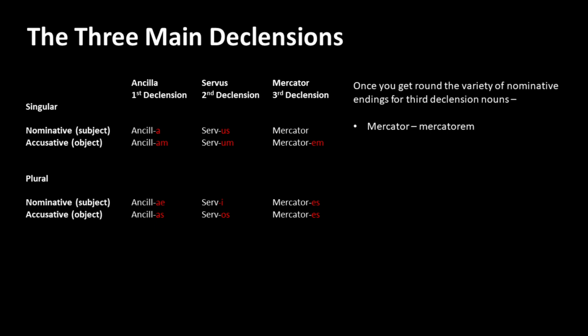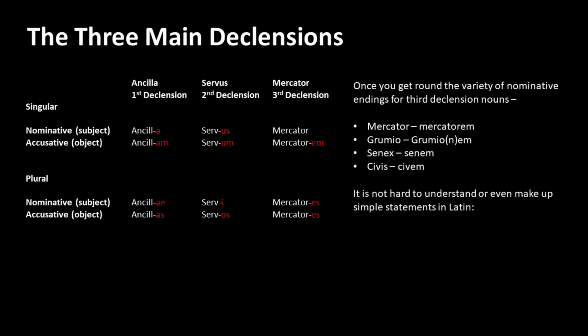Mercator, in the accusative mercatorem, grumio becomes grumionem, senex, senem, civis, civem. I mention this variety of endings because once you've learned a reasonable number of words from each declension, you can use your knowledge of the relevant case endings to understand and even to make up simple statements in Latin.